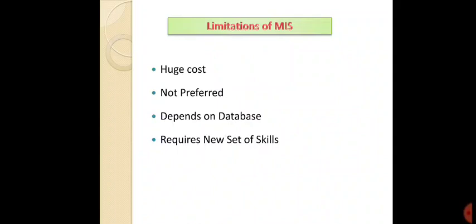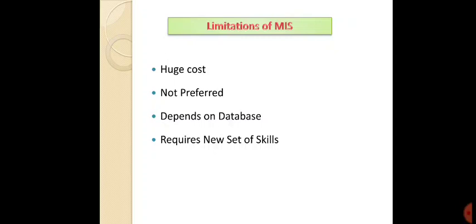Let's discuss the disadvantages or limitations of MIS. Firstly, huge cost or expensive. Establishment of MIS in any organization is a costly affair because it involves huge cost to be incurred on setting up hardware and software for the required purpose.